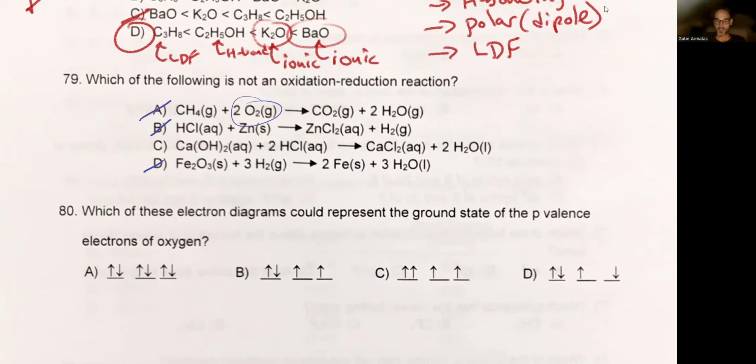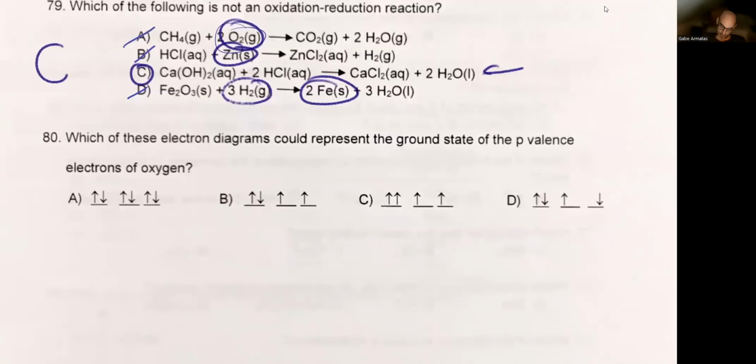An element is neutral when it's by itself. If we have just an element, that means it gets oxidized. And if something gets oxidized, something else has to get reduced. You can't have one without the other. So the answer for this is going to be C, just because I am looking for elements. C has no elements. That's all we're looking for.